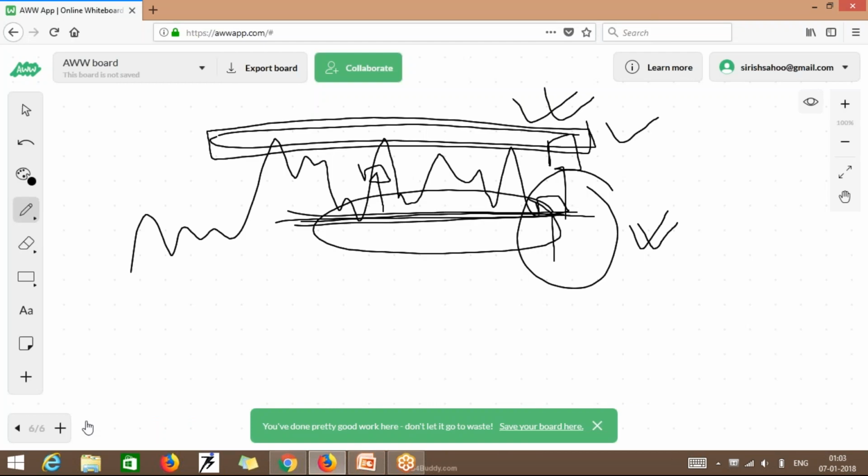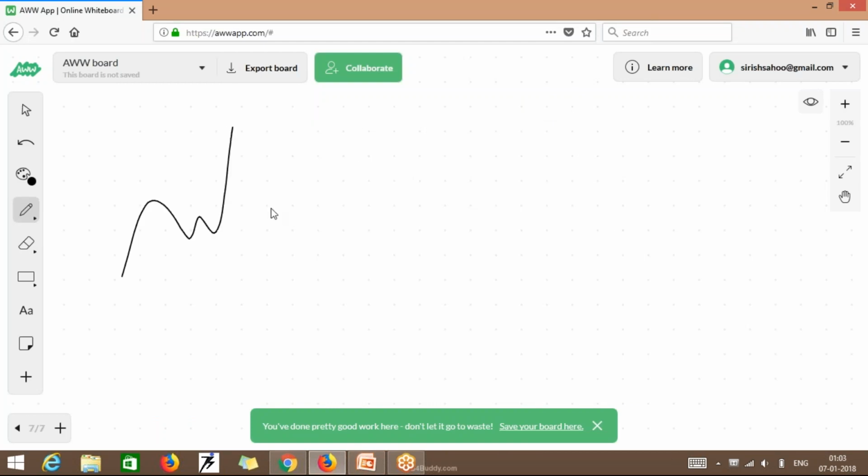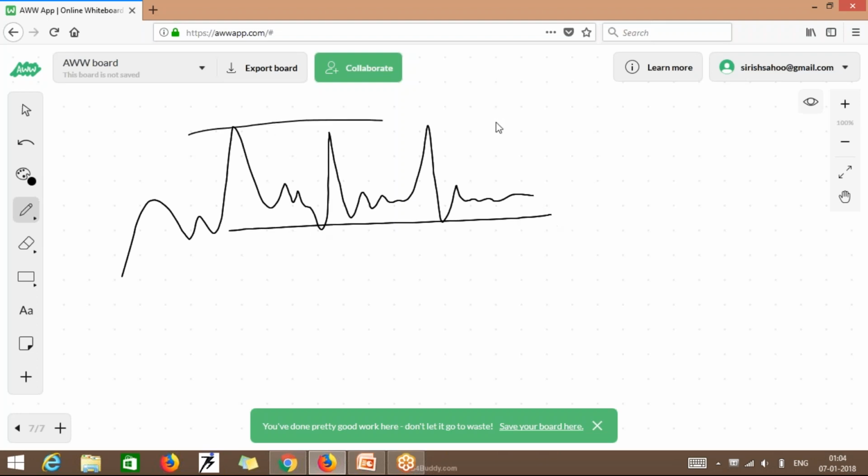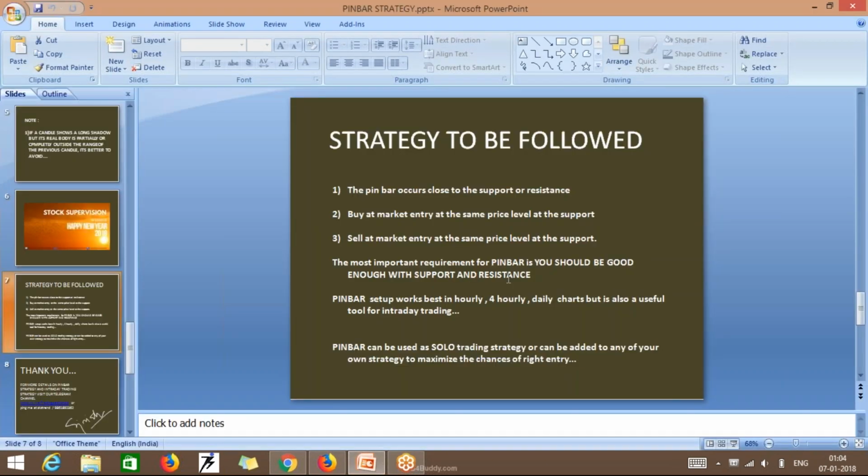The next strategy is buy at the market entry price level at the support. Let me draw it again. If this is the kind of price action, this is definitely the resistance and this is definitely support. Let me change the color. If you find a pin bar at this level, it may not be correct. If this is the pin bar over here and it gave a support to this level, so you can say buy at market entry at the price level at the support.